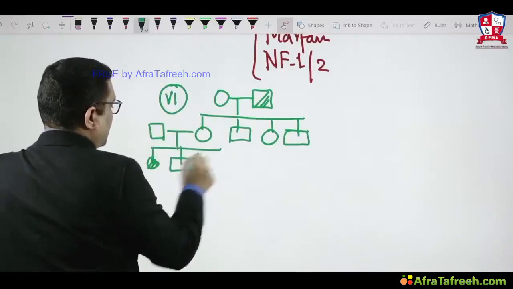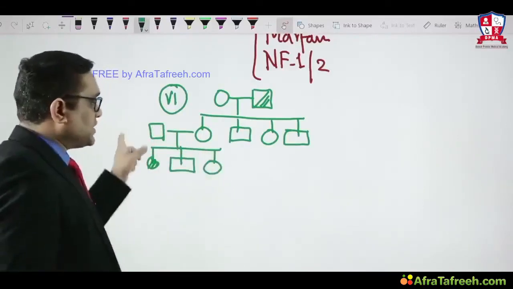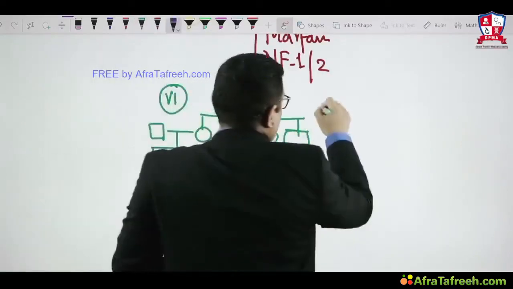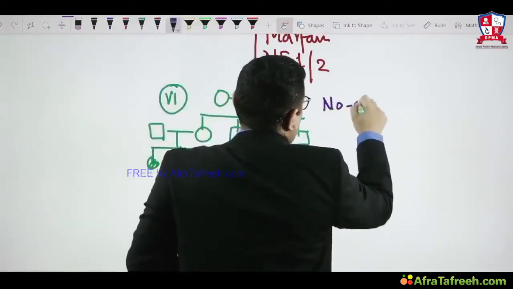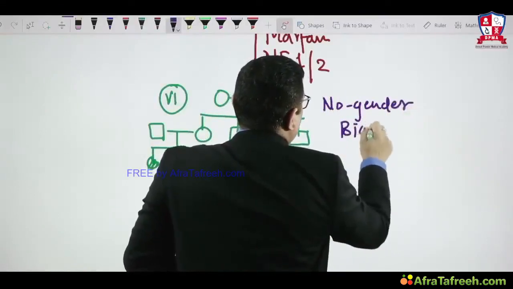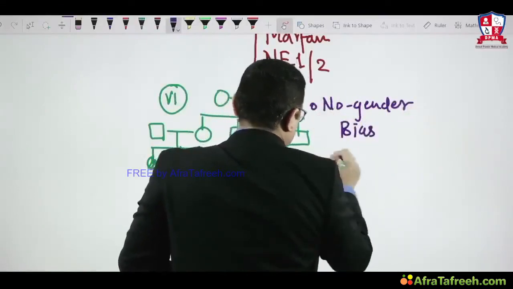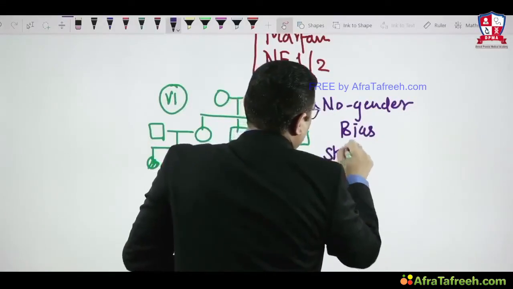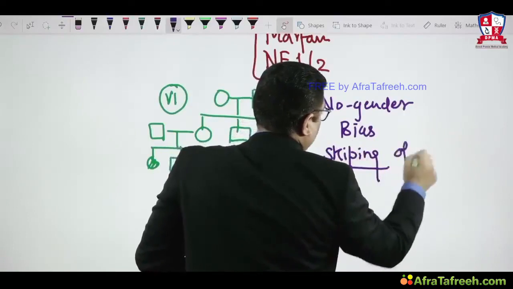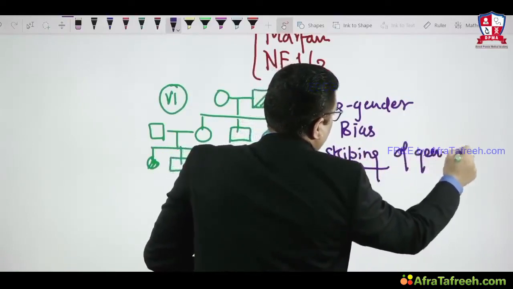So no gender bias, and skipping of generation will be seen. In this generation no one was affected. Just like autosomal dominant, there is no gender bias, because these are autosomal disorders, but skipping of generation will be present.